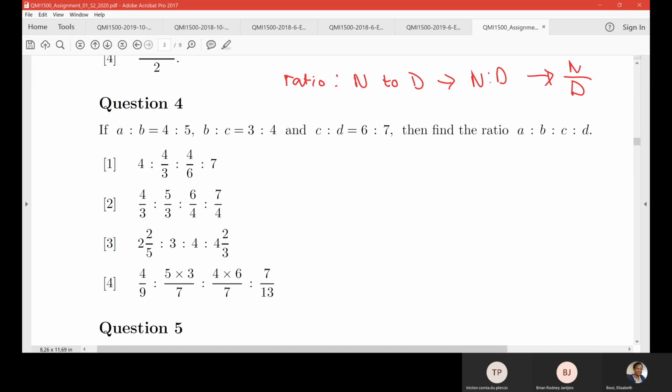So here, on question number 4, it says: if the ratio of A to B is 4 to 5, the ratio of B to C is 3 to 4, and the ratio of C to D is 6 to 7, find the ratio of A, B, C, and D. That's all they want you to do, to make sure that you only have one ratio that tells you the ratio of A to B to C to D, based on the information they give you.